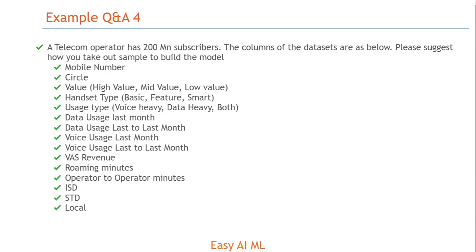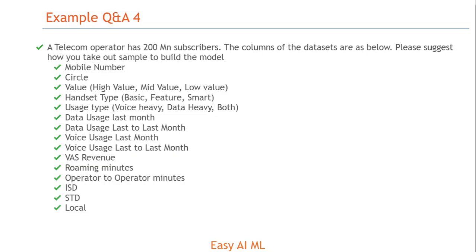Value: high value, mid value, low value. Handset type: basic, feature, smartphone. Nowadays almost all are on a smartphone. However, usage type: voice heavy, data heavy, both. Data usage last month, last to last month, voice usage last month, last to last month, value added service revenue, roaming minutes, operator to operator minutes.